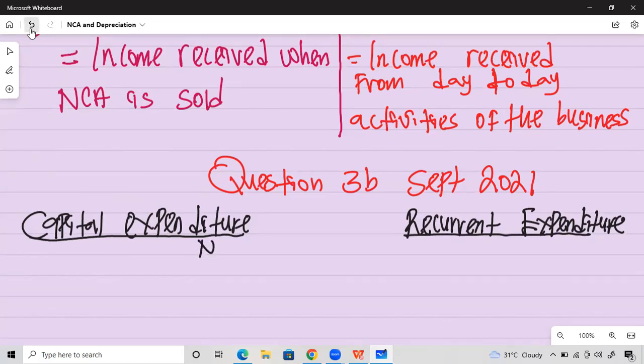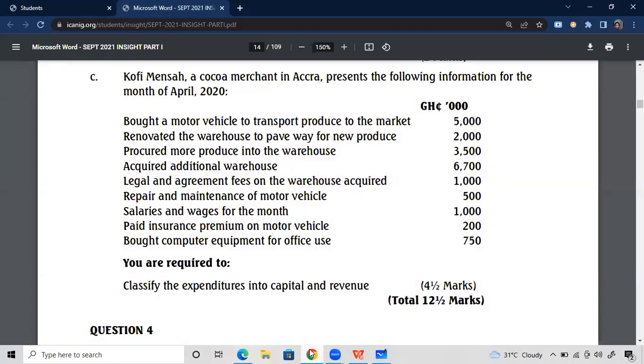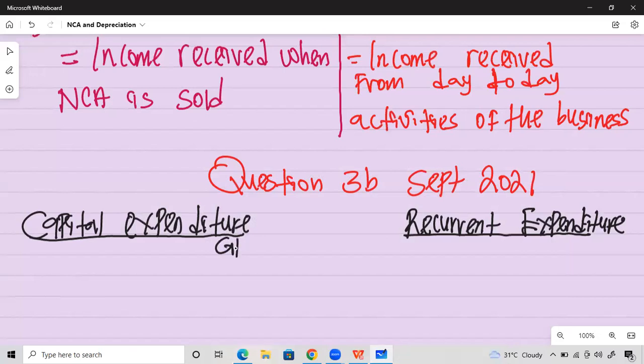Okay. But I can sum everything at the end of the day. This is in Ghana cedis, and it's in thousands.